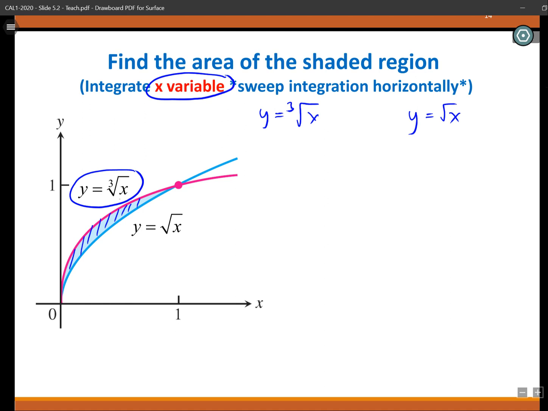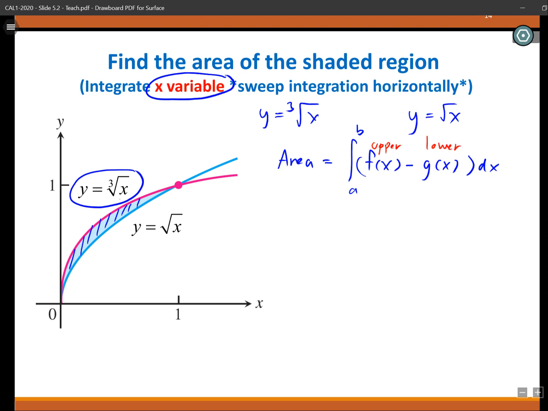X variable means that you have to use this formula, integration on the x variable, and in this case we need f(x) minus g(x) dx, x starts at a, ends at b. With this formula, you need to remind yourself that f(x) has to be the upper, g(x) has to be the lower function.